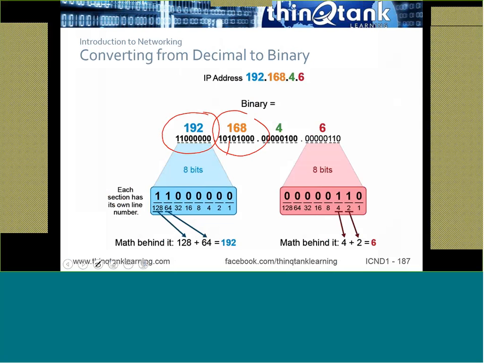So 32 and 8 is 40, plus 128 is 168. You follow what I'm saying? 128 plus 32 plus 8 equals 168, because that's 40 plus 128. All right?